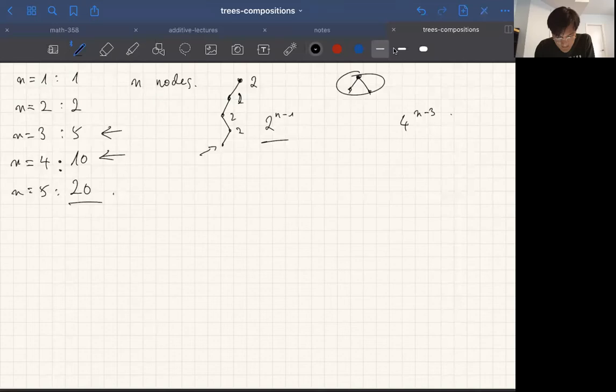Does that make sense? Let's see what that gives us. Right, because then it continues. Say we choose one, and now there are still 4 ways I could put a new edge. There, there, there, or there.